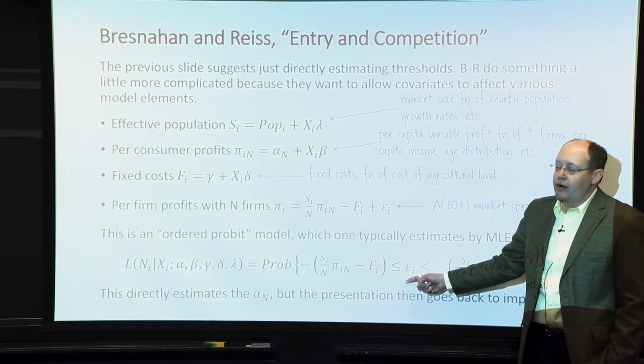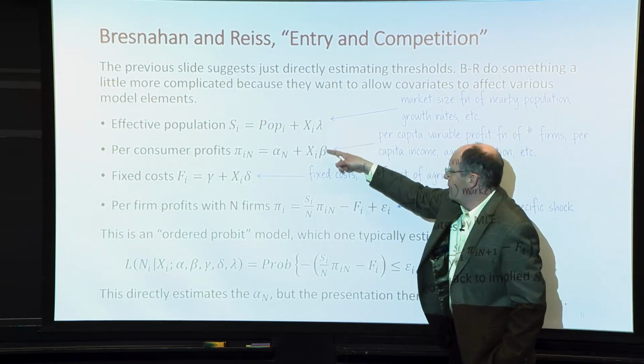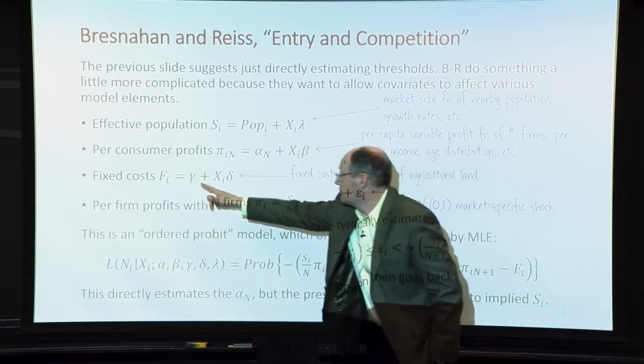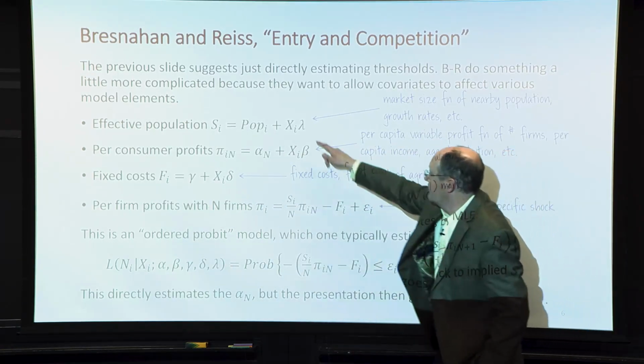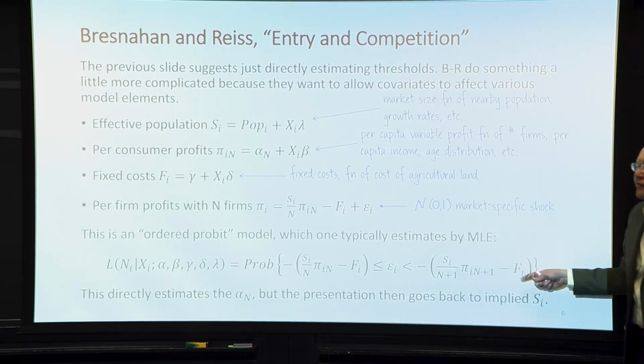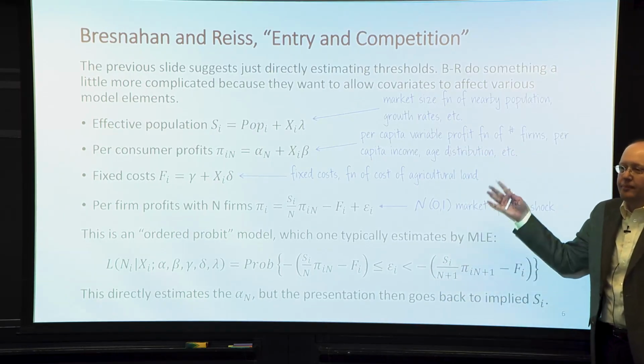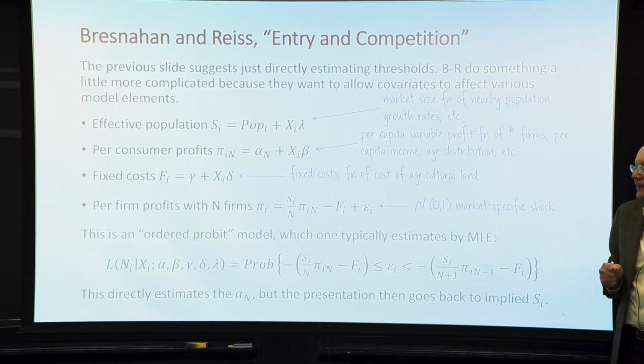And so then you can estimate all the parameters, gamma, beta, alpha, delta, lambda. You can estimate all of those by maximum likelihood. And that's the basic estimation technique in the paper.